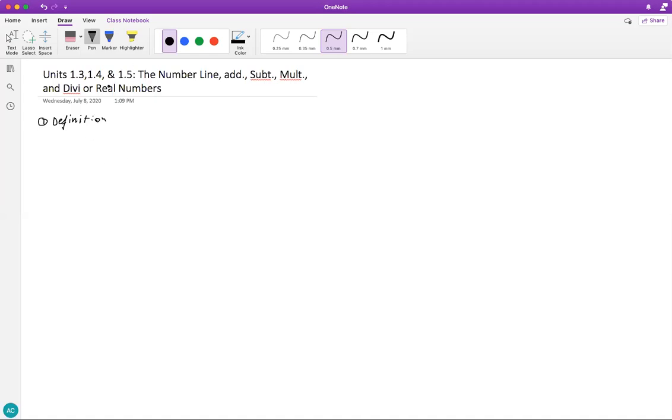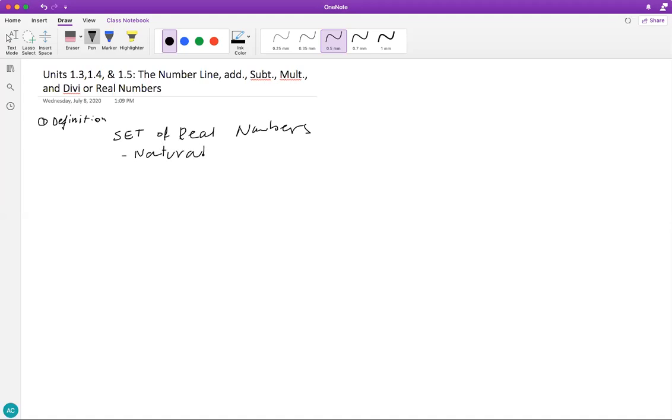So basically, the group of real numbers, or the set of real numbers, is made of subsets. First, we have what we call the natural numbers.